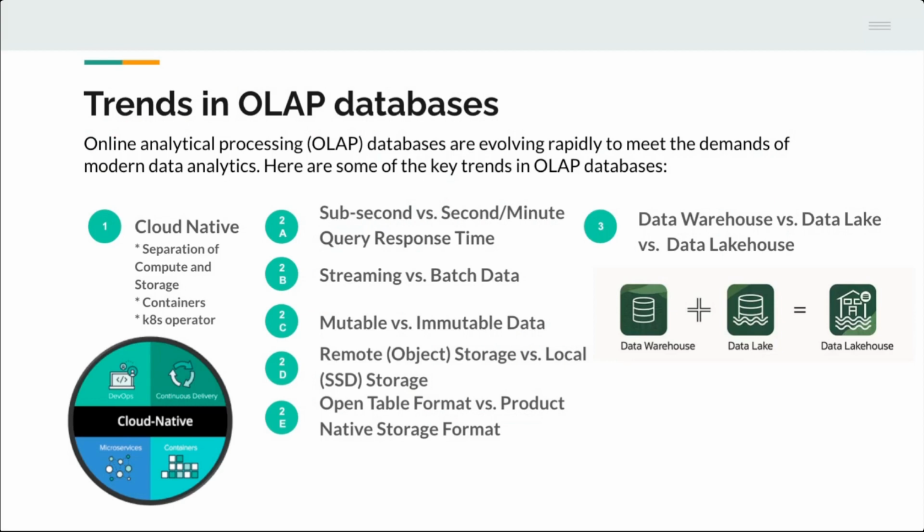Talking about the OLAP databases in the marketplace, the common ones you see are things like Redshift, BigQuery, Snowflake, Teradata, Netezza. If you look at the common trends in the OLAP marketplace, OLAP started appearing in the late 1990s with DB2 Warehouse.